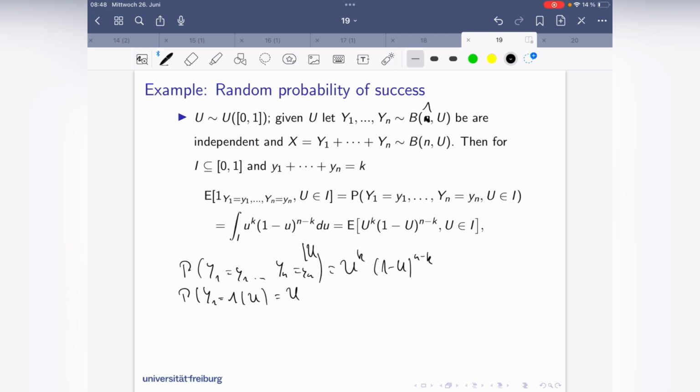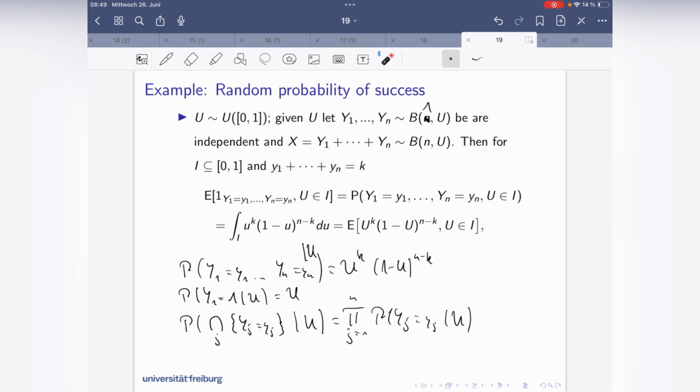And for this reason, we can write the probability of the intersection over j of the sets yj equals yj given u as the product j from 1 to n of the probability of yj equals yj given u. So, as said in the intro, the singular coin tosses are independent given the random success probability u. That's what we have here.